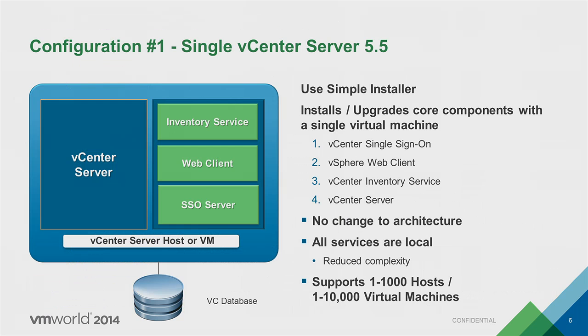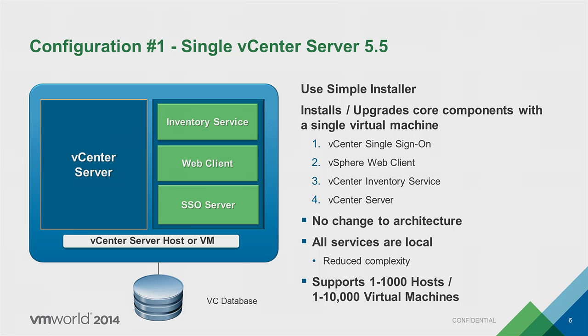So obviously, all this in one virtual machine is our number 1 recommendation. If you have a single VC, there's no point to distribute it. This can handle max scale, if sized correctly, obviously. And if you're coming from 4.x and 5.0, this is what you've been using, so there's no change in the architecture at that point. So this really is the best configuration for most customers.